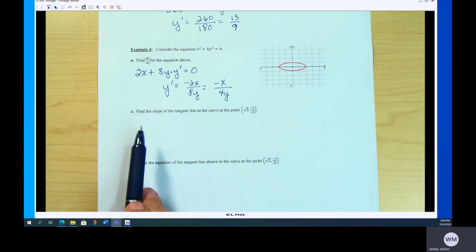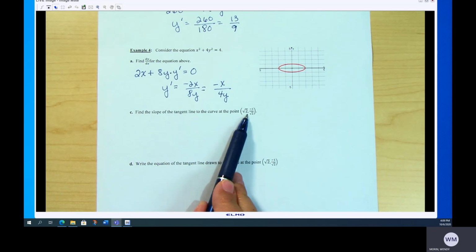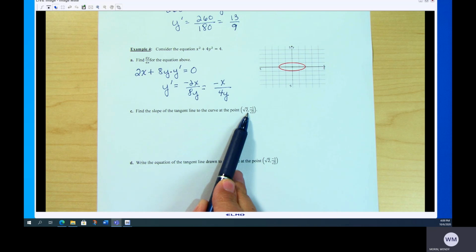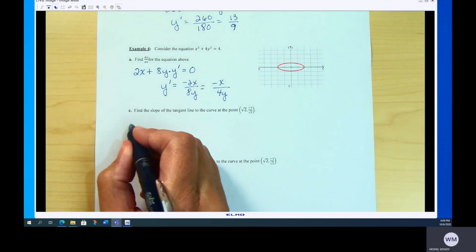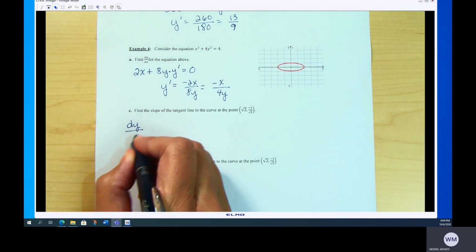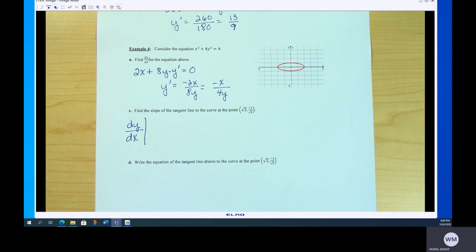So now it says find the slope of the tangent line to the curve at this point. Well, isn't that just evaluating this? So here's notation similar to what we used before. Finding the derivative at this point.